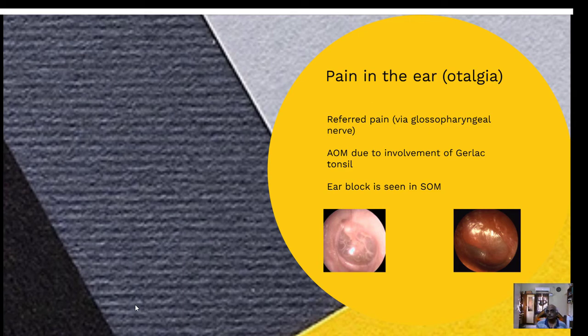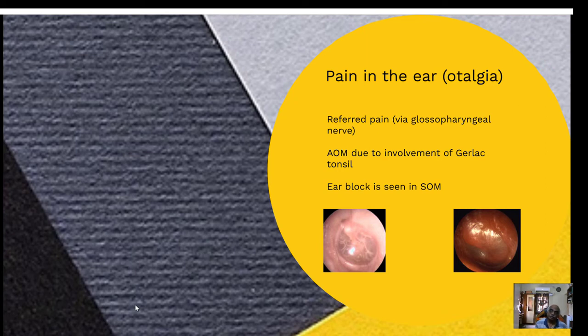So the brain gets confused about where the pain is originating from. Even though pain is originating from the tonsil and posterior pharyngeal wall, it is being perceived as pain originating from the middle ear promontory, because the ear happens to be the most sensitive of the organs. So the brain has a tendency to attribute this pain to sensation coming from the ear. That is the amount of importance your brain gives to the sense of hearing.